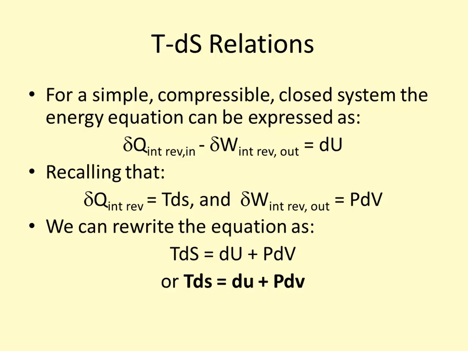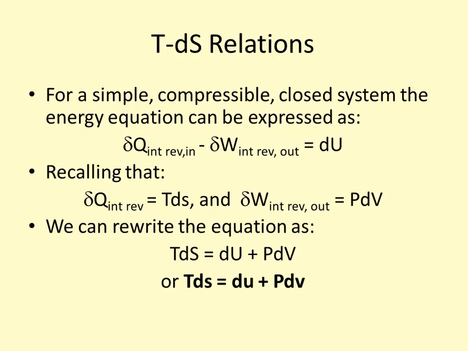So simple systems would be like closed systems, steady flow systems, the types of devices that we've already analyzed. In this case, we're looking at a closed system, and we can say that the net change in the differential amount of heat transfer minus the net change in the differential amount of work done by the system is equal to dU.